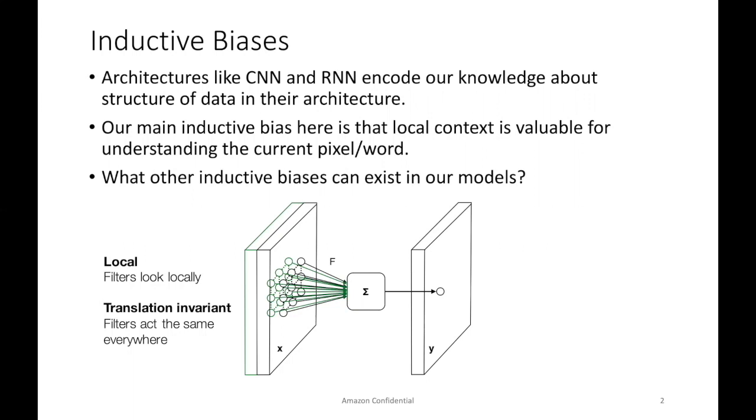Another inductive bias is that we use a word as a complete token in NLP, but we don't use characters or alphabets very frequently. Rather, we take the whole word, and that word forms one unit, like one pixel. A word forms one unit in NLP.